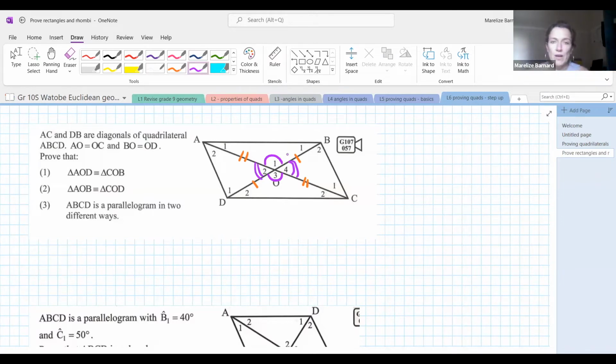I don't know if anyone else notices any other angles or sides that are equal, but I think we can go to our questions. So the first question says, prove that triangle AOD is congruent to triangle COB. Okay, I'm going to leave you here for about 2 minutes to do that congruency proof.